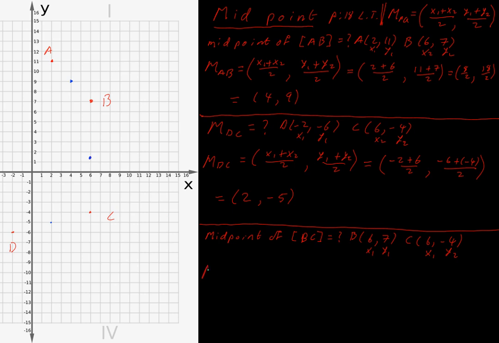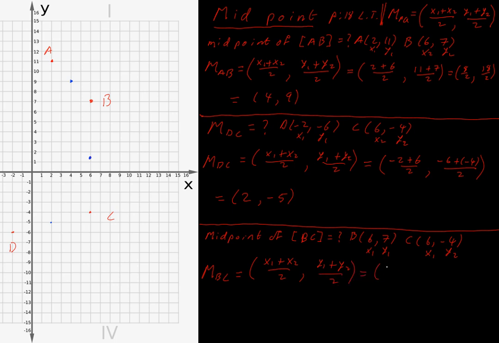So our midpoint formula we're going to write down. We've already figured out our x1, y1, x2, y2 and our coordinates. So subbing into our formula, we have x1 plus x2 all over 2, y1 plus y2 all over 2.